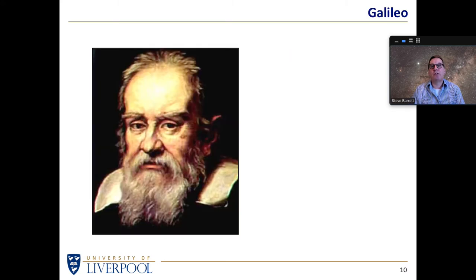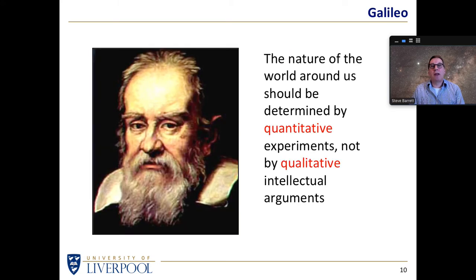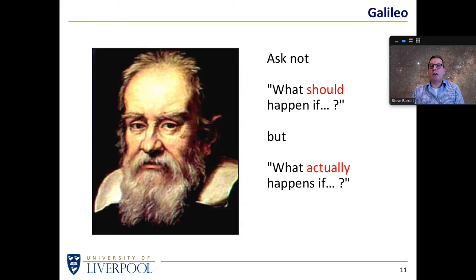But then along came Galileo, who posited that the nature of the world around us should be determined by quantitative experiment, not by qualitative intellectual arguments. In other words, Galileo was one of the first people to come along and say, you shouldn't ask, for instance, what should happen if I cut this material in half, or what should happen if I drop this object and let gravity do its stuff.